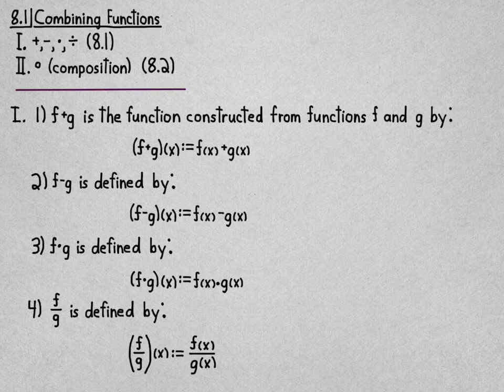Then the other thing we need to know is how do we know what the domain of these functions are? So where does this come up? Suppose you have a polynomial, just a simple one, like f of x equals x squared plus x. Well, that's a sum of the x squared function and the x function. The x squared function would be like f of x equals x squared.